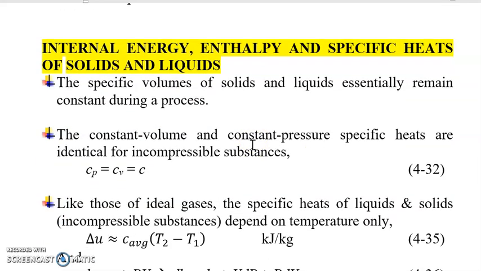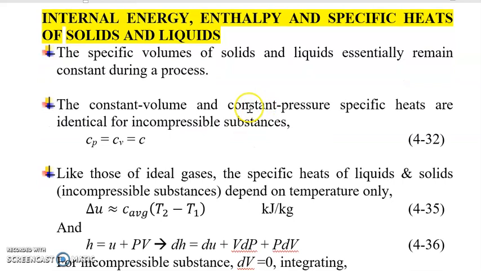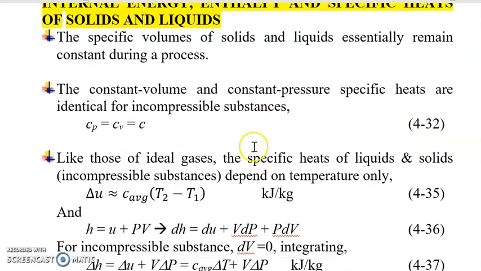Internal energy, enthalpy, and specific heats of solids and liquids. Previously, the discussion was for ideal gases. Now, the specific volumes of solids and liquids essentially remain constant during a process, so you don't need the subscript P or V, it's just C, given by 432.